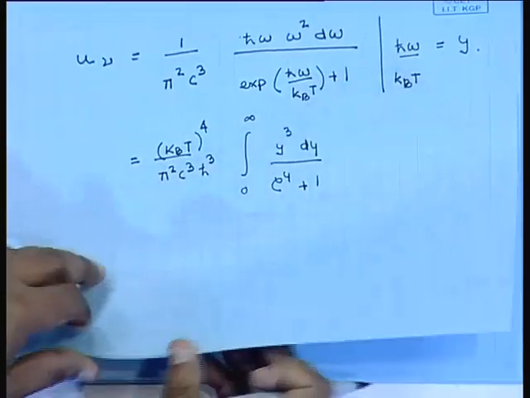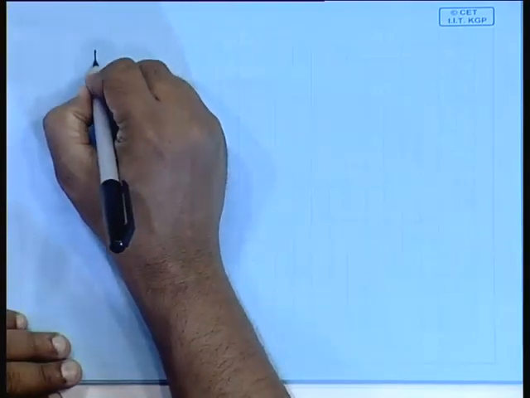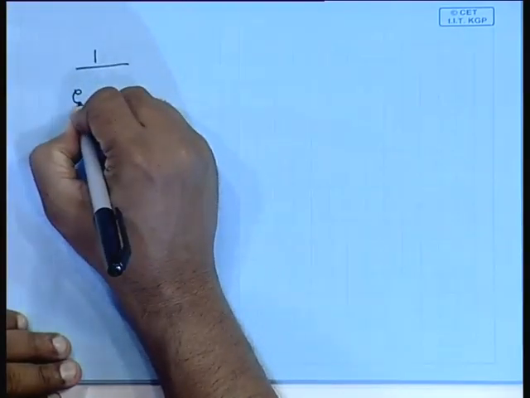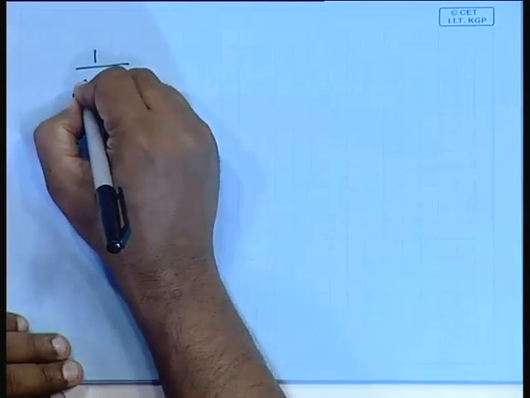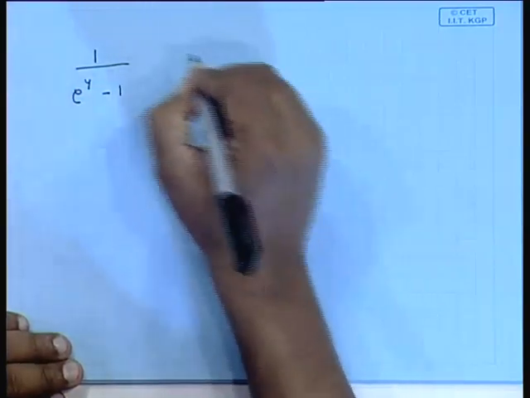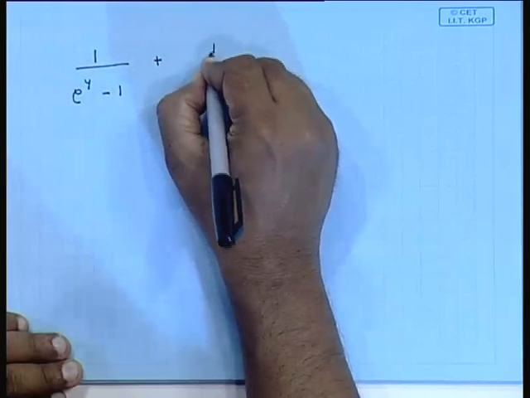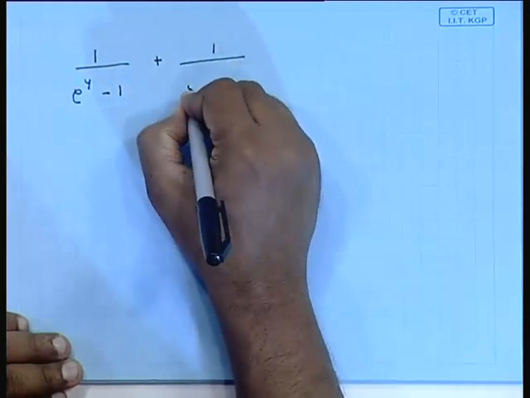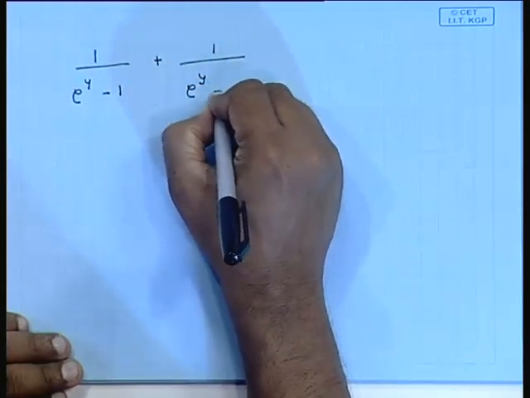To do this, we utilize an identity involving 1 by e to the power y minus 1 plus 1 by e to the power y plus 1.